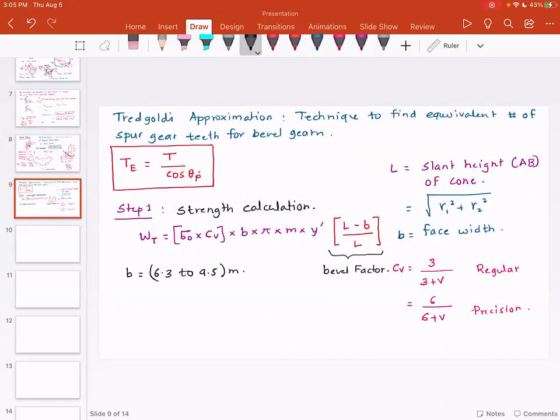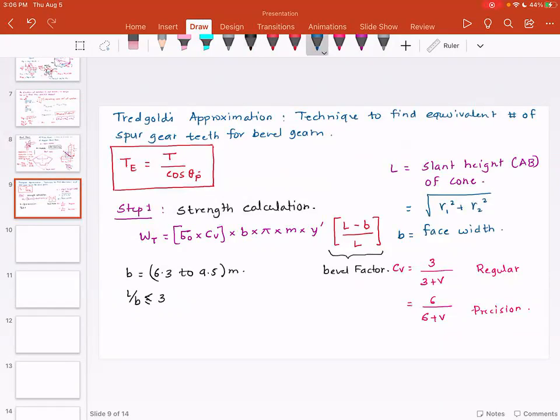So the face width for the bevel gear is usually between 6.3 to 9.5 times module. The L by B ratio typically should not exceed 3. I mean, there are special circumstances when you can make an exception, but for the L by B ratio you should try to get it less than 3.